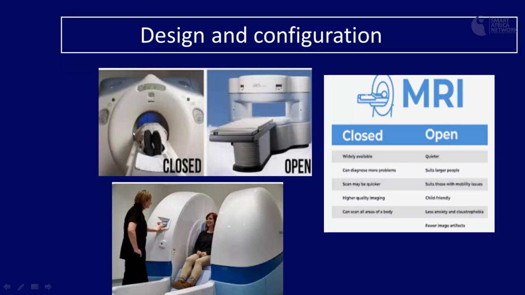So there are also advantages and disadvantages of these high magnetic field Tesla imaging. The higher the magnetic field, the better the signal, spatial resolution, temporal resolution is better. However, there are disadvantages of going higher in magnetic field strength.